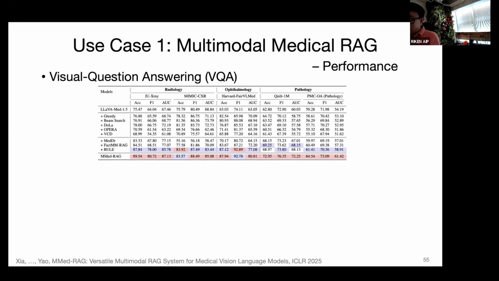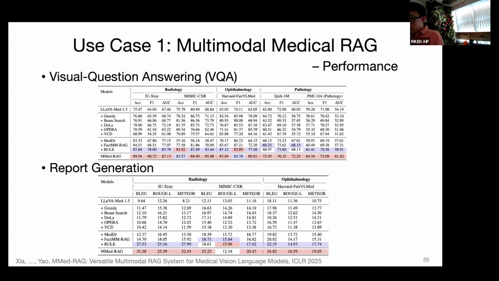So Louis, our previous work in EMNLP 2024. So we also see the improvements of MMed-RAG. And we also generate some reports using MMed-RAG and compare with LLaVA-Med 1.5, and we can also see the improvements of using MMed-RAG compared with the original model LLaVA-Med 1.5.